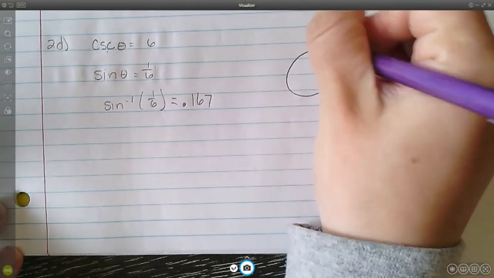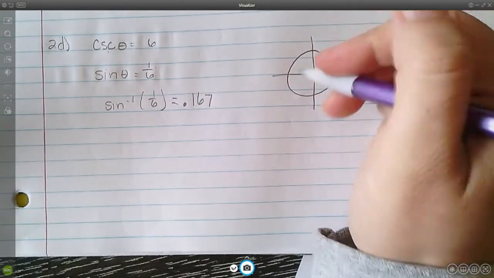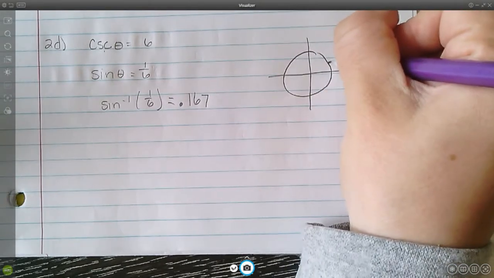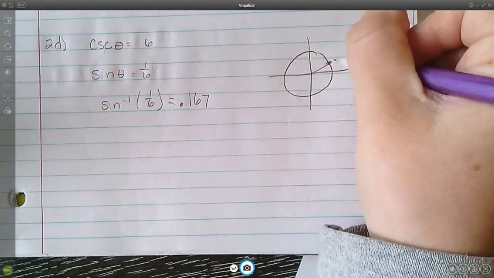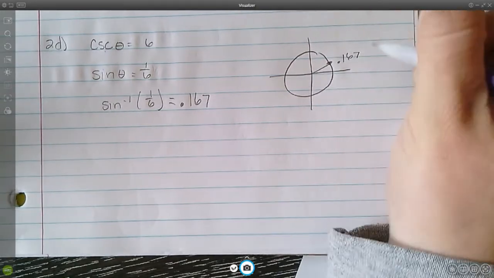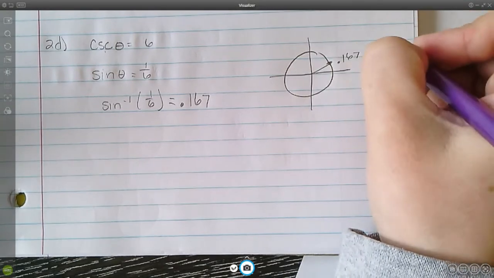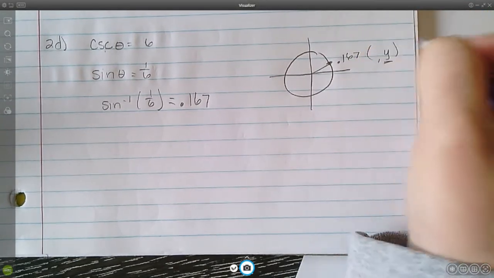So we draw our circle. 0.167 radians, that's probably here-ish. So this is at 0.167. Sine talks about your y value, so we care about the y value.